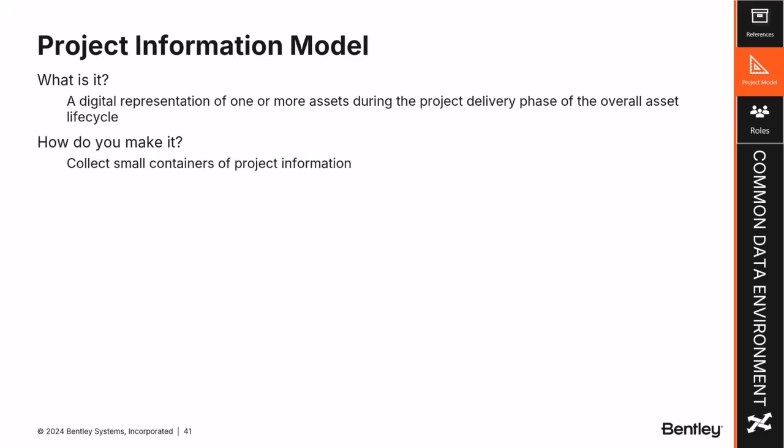Well, to create this project information model, or the PIM, individual model containers that represent project components will be collected and rendered into an iModel that can be accessed by the appropriate project stakeholders. So we're basically going to build our information models, our containers, as files, and then we're going to federate all of those back into a large project iModel.